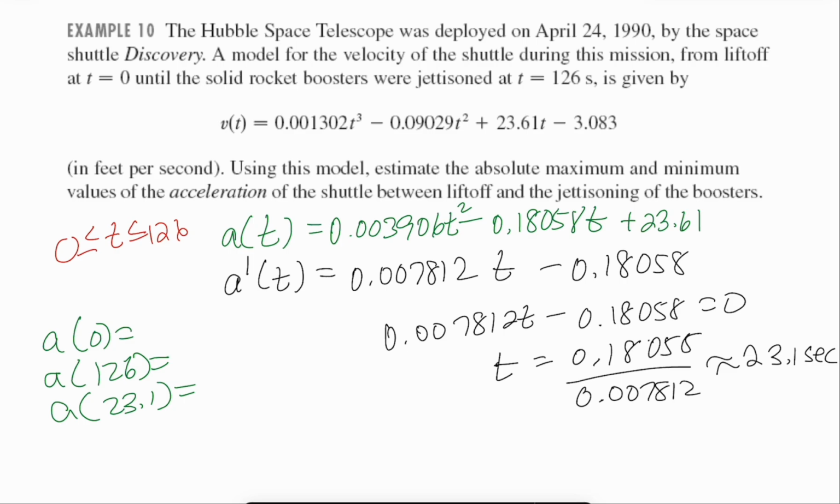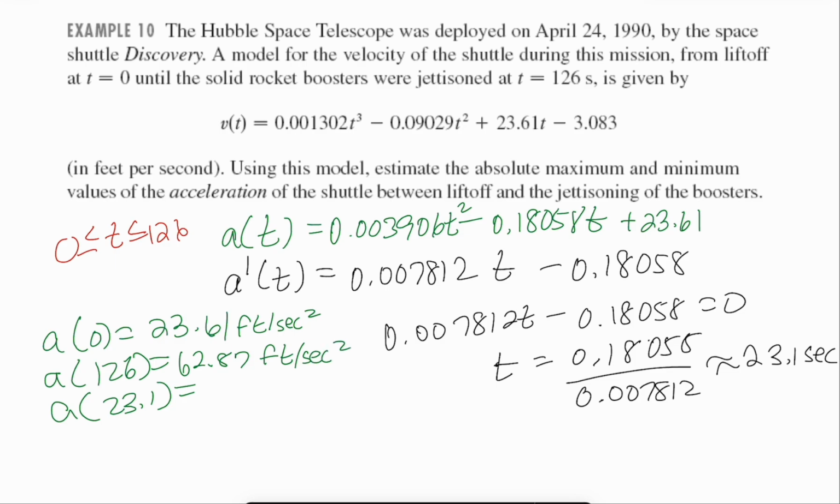When we plug in 0, we get 23.61. And that would be meters per or feet per second squared. Okay. If we plug in 126, we get 62.87 feet per second squared.